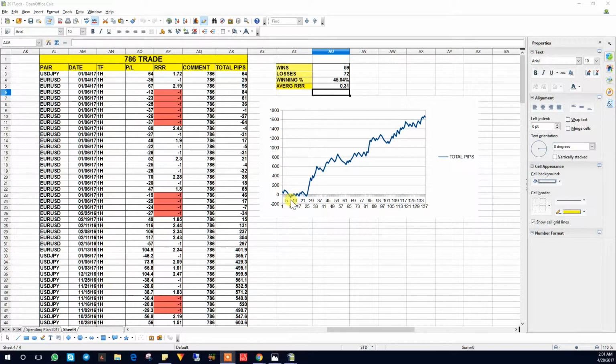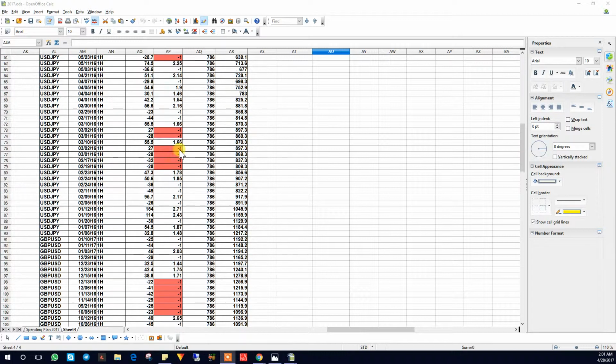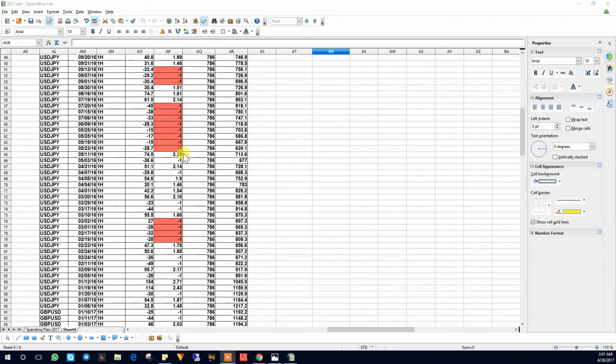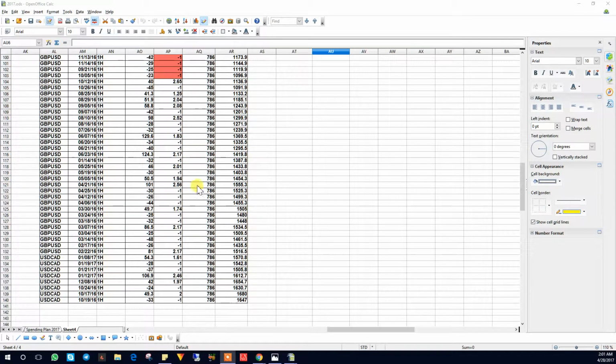This strategy has a lot of pullbacks, and the number of consecutive losses is very big, as you can see here. Sometimes it's 1, 2, 3, 4, 5, 6, 7, 8 consecutive losing trades. And one more thing that I want to say, you have to do at least 100 examples.